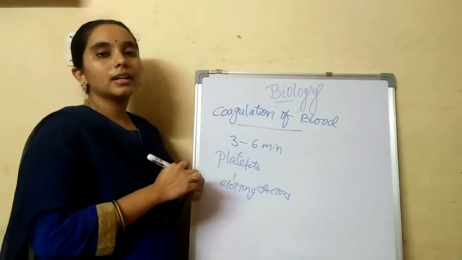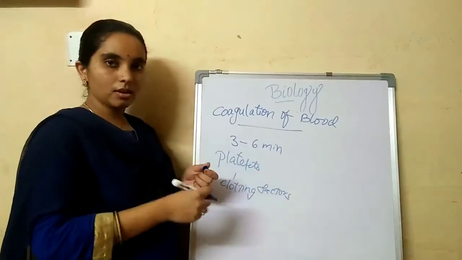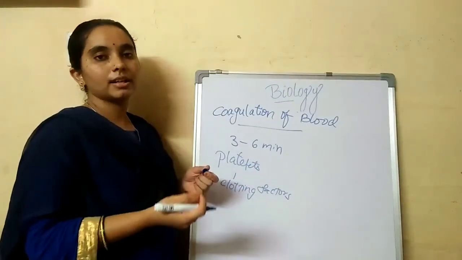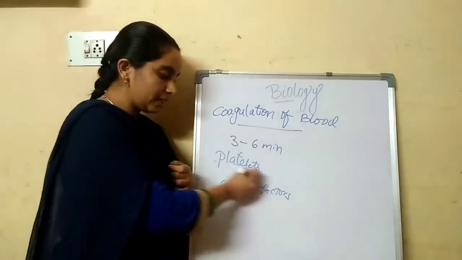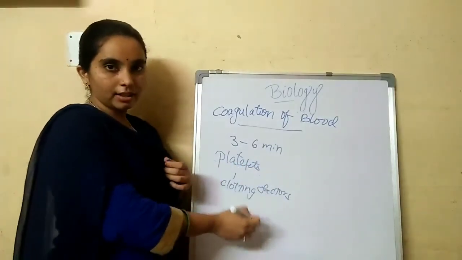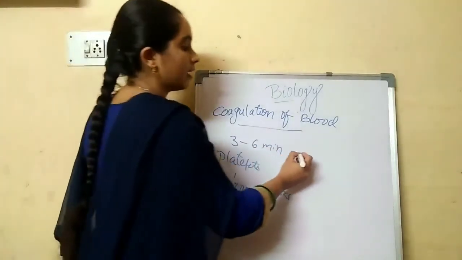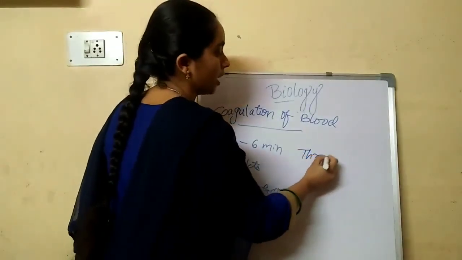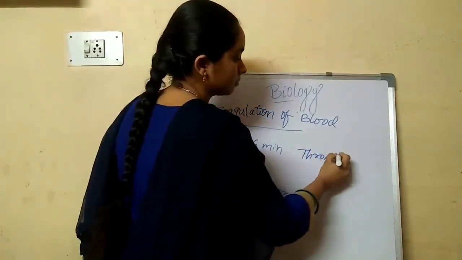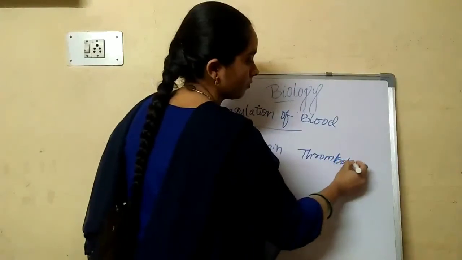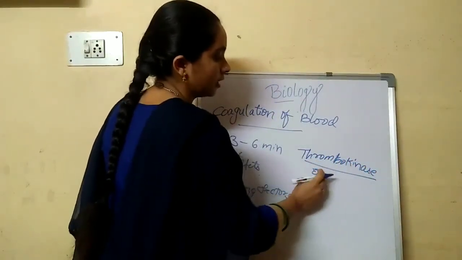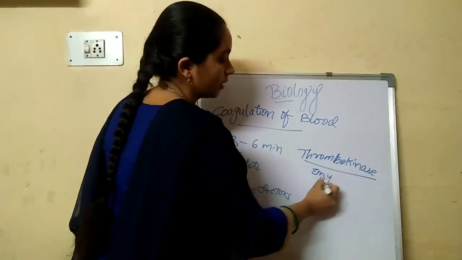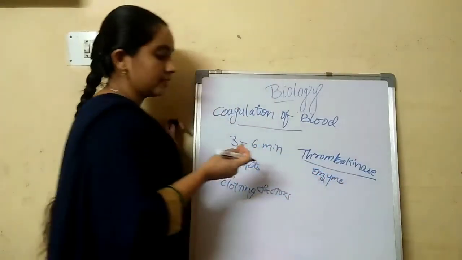So when any injury occurs on the skin, or if there is any rupture in the blood vessels, the platelets release clotting factors. These clotting factors are especially thrombokinase, the clotting enzyme.